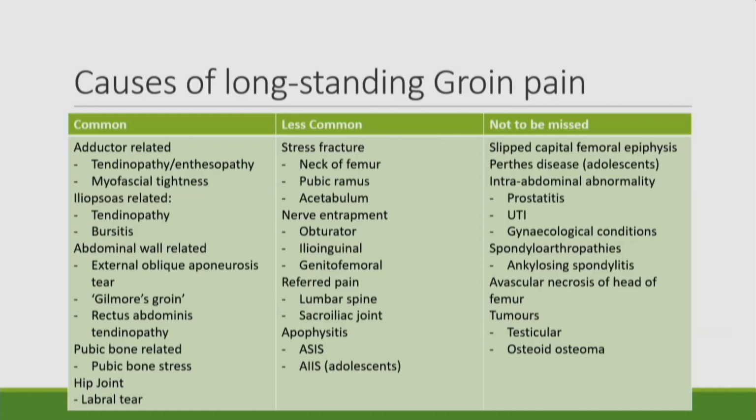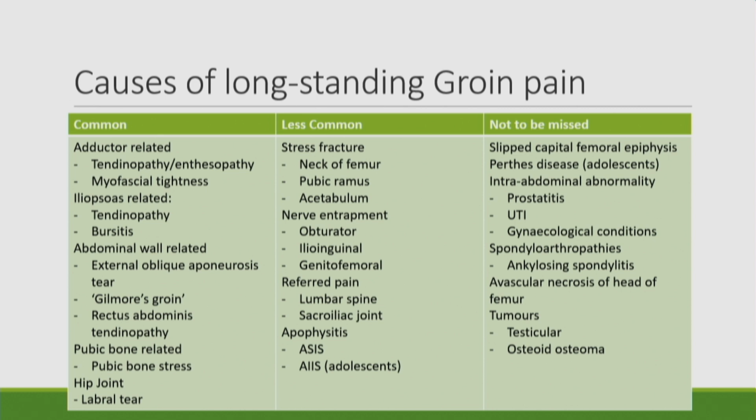groin related issue. The less common are things like stress fractures or bone issues to those different structures that are listed there. Nerve entrapment is also less common, and then referred pain from another area, such as a sacroiliac joint or lumbar spine. And then apophysitis is also less common.